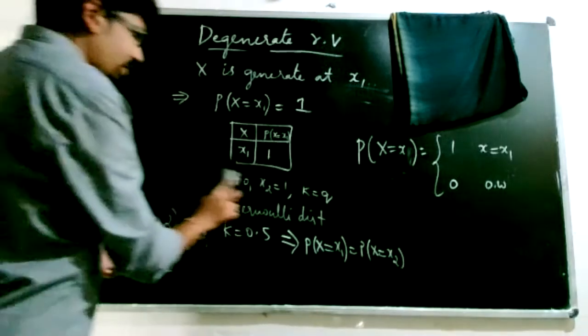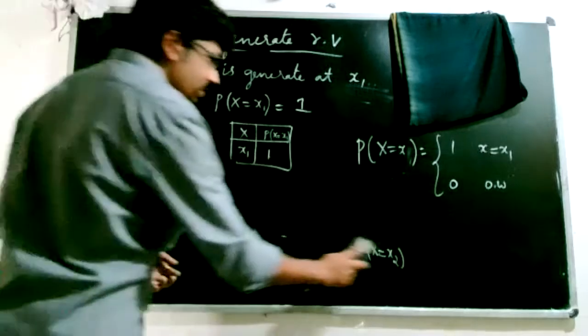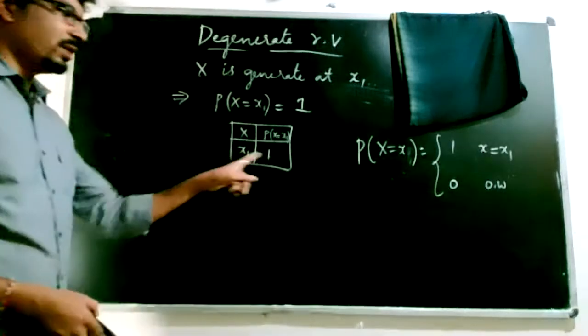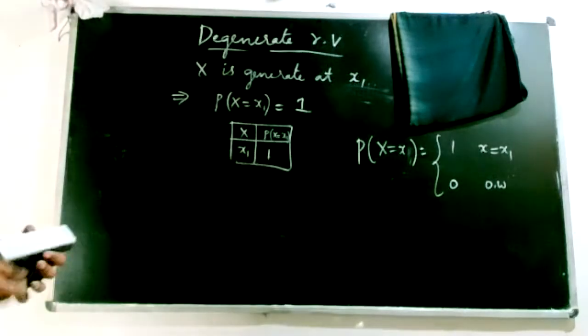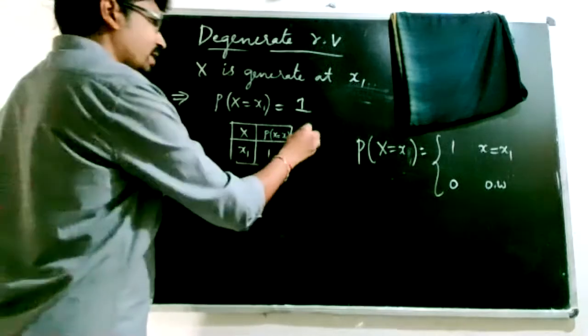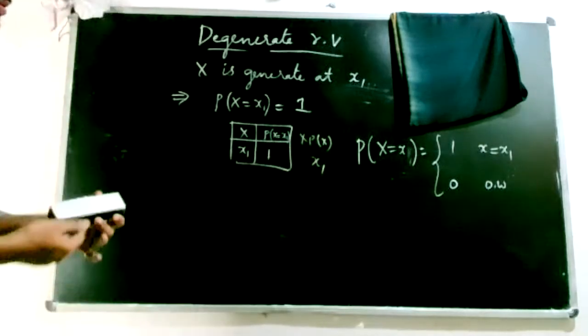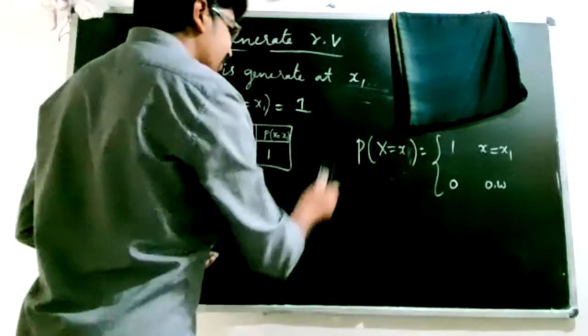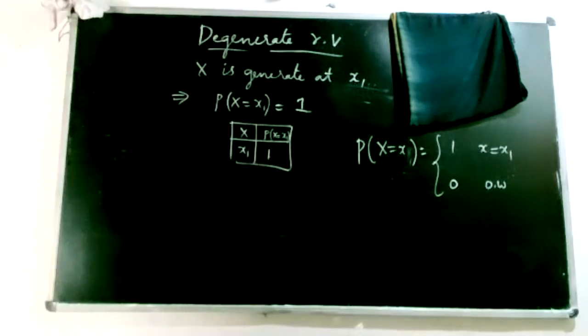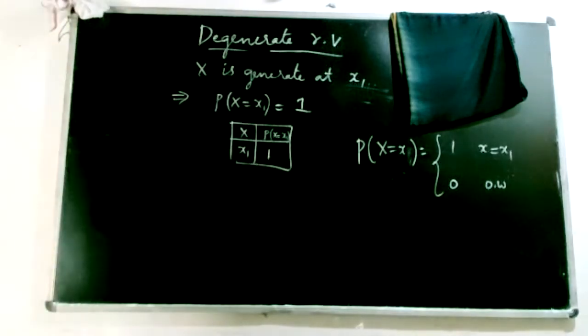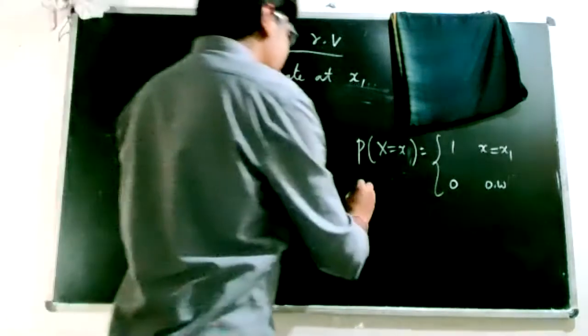Now the mean of this particular distribution remains the value itself. When you apply the formula, E of x is equal to x into p of x, you'll observe only x1. So the mean of this is equal to x1. And the variance of a degenerate random variable is always equal to 0.